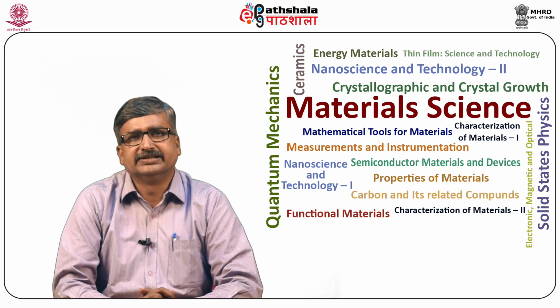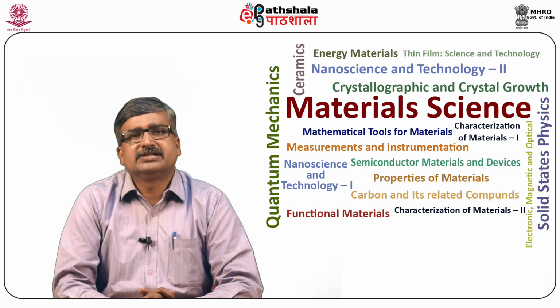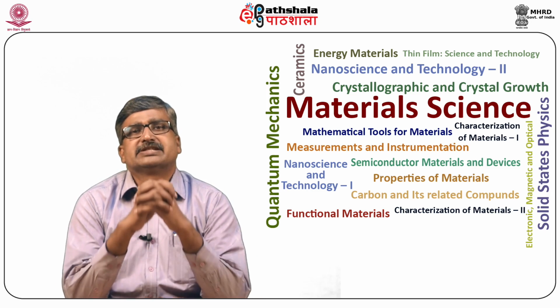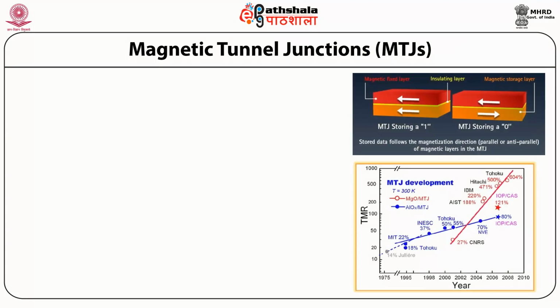We consider here devices based on giant magnetoresistance, spin valve, and magnetic tunnel junction, which is MTJ. In the early 1990s, high magnetoresistance, known as MR, was discovered for magnetic tunnel junction, MTJ, material.